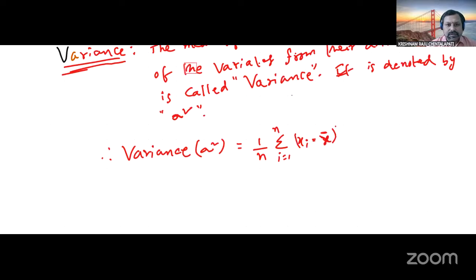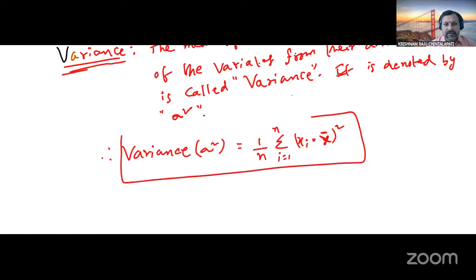So this is the formula to find variance for ungrouped data.